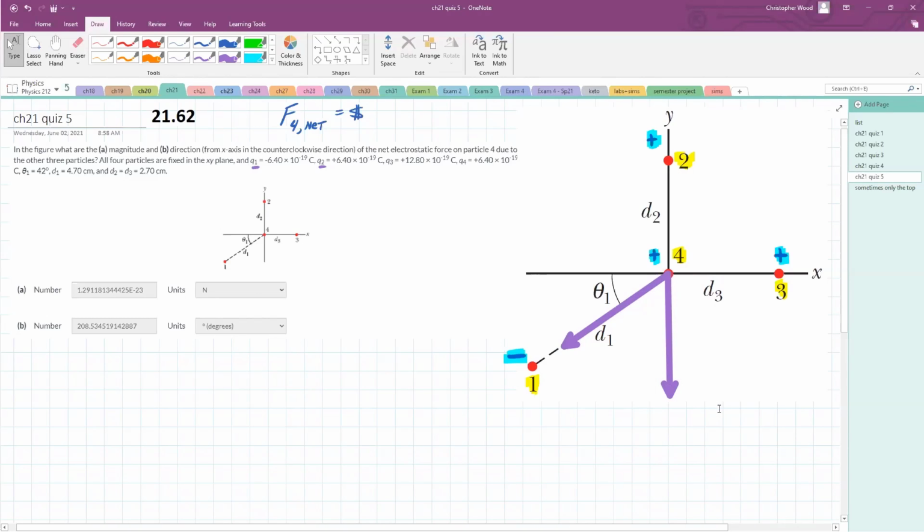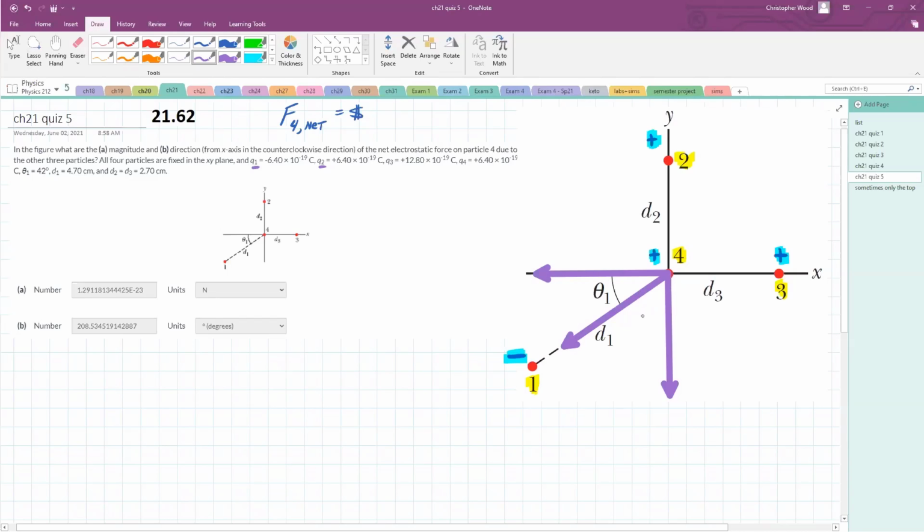Particle 3 is positive. Particle 4 is positive. So we have mutual repulsion again. Let me label all this stuff. Make sure you're asking questions and pointing out mistakes. Particle 1 is negative, particle 4 is positive.